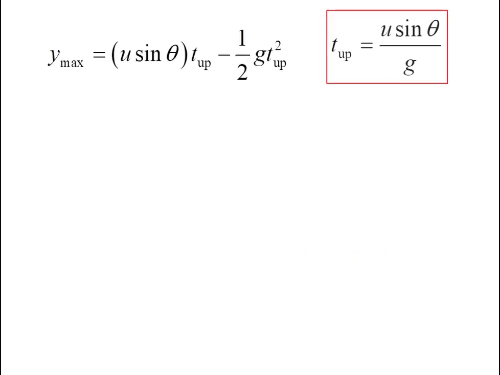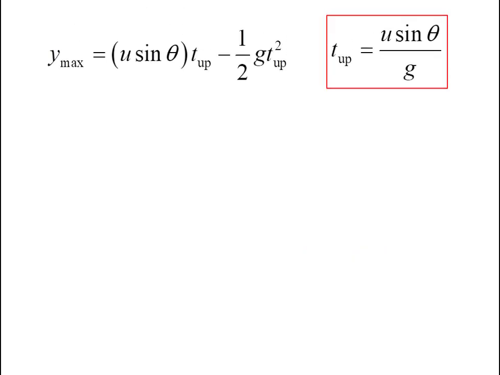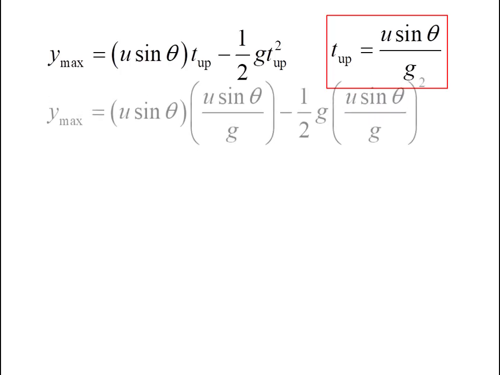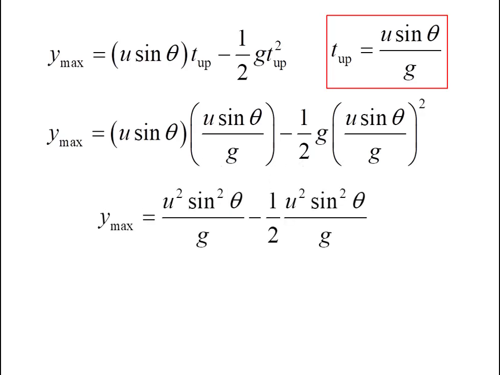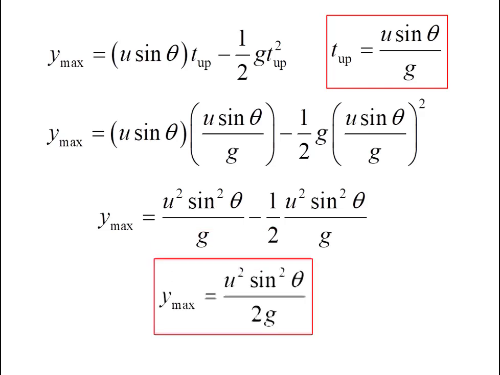If we directly substitute t up in this y max formula, and with some little algebraic manipulations, we arrive at y max is equal to u squared sine squared theta over g minus a half u squared sine squared theta over g. And then finally, y max is equal to u squared sine squared theta divided by 2g.